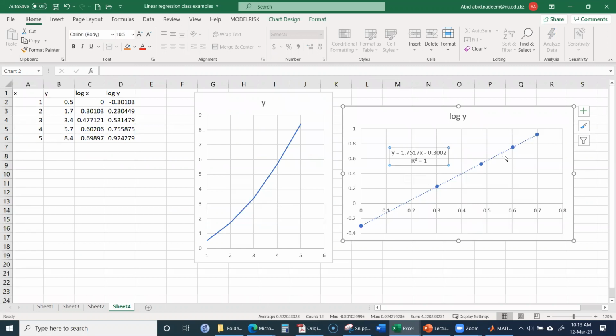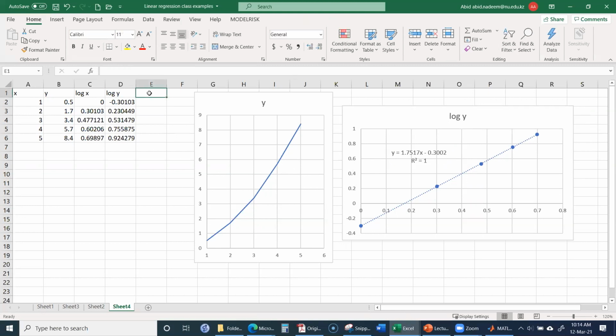So, here you can see that originally this was a power term, okay? And now let's see how close is that power term with this, okay? So for this, I think what we can do is we will determine that y is equal to alpha times x power beta, right?